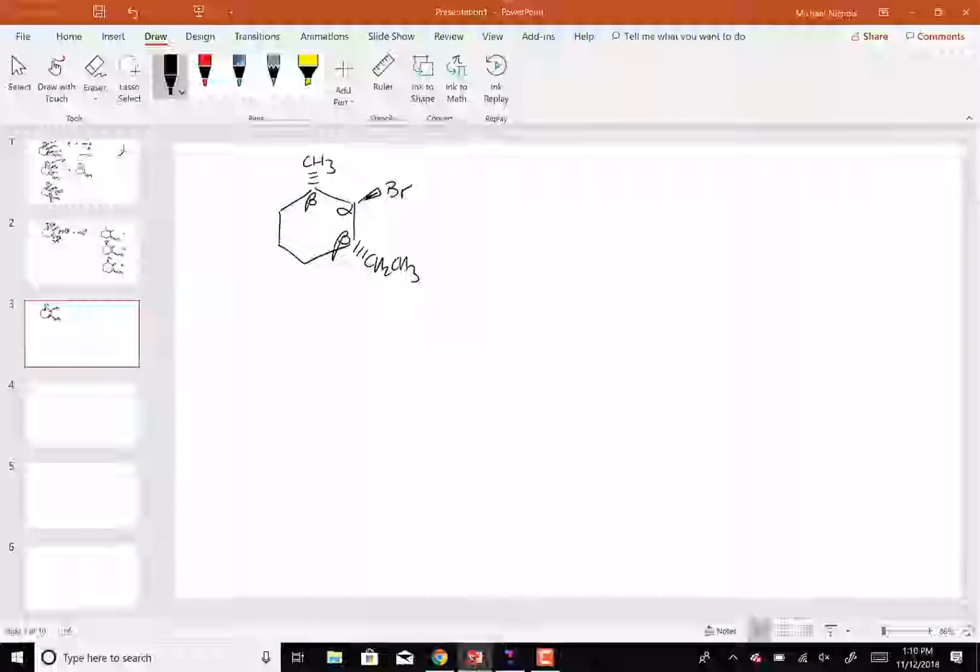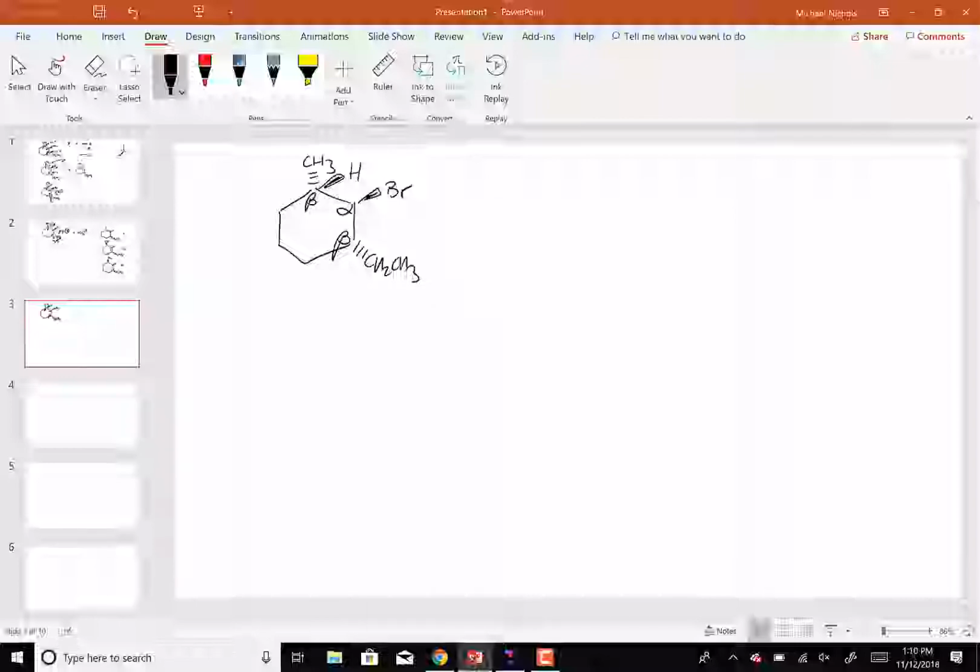Okay, I've got to draw them in. How do they go? Do they go on a bold wedge, dashed wedge, or bond in the plane? Bold, because the two others are on dashed wedges. So I have to put in the hydrogen on a bold wedge.